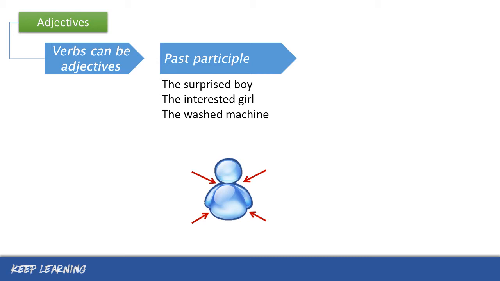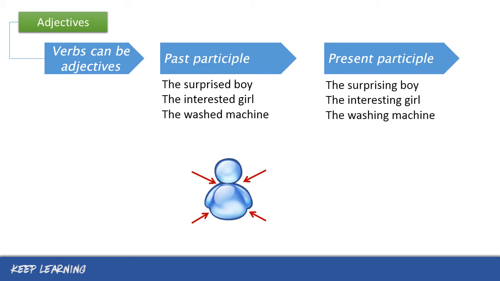Because now here comes present participles. The present participle form is another way to say the ing form. And here, look, we are using the verbs surprise, interest, and wash. Those are verbs, but we're using now the ing form as an adjective.